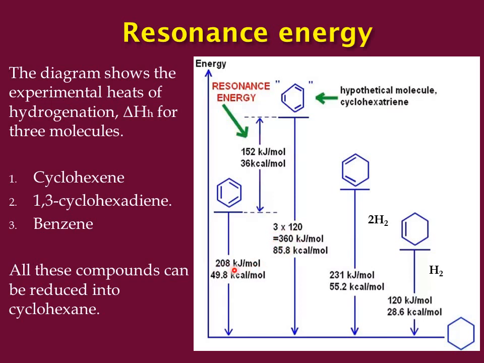Now 360 minus 208 will give 152 kilojoules per mole. So you can see the energy difference, which is making benzene more stable. So the amount of energy which is less than the expected value is called the resonance energy.